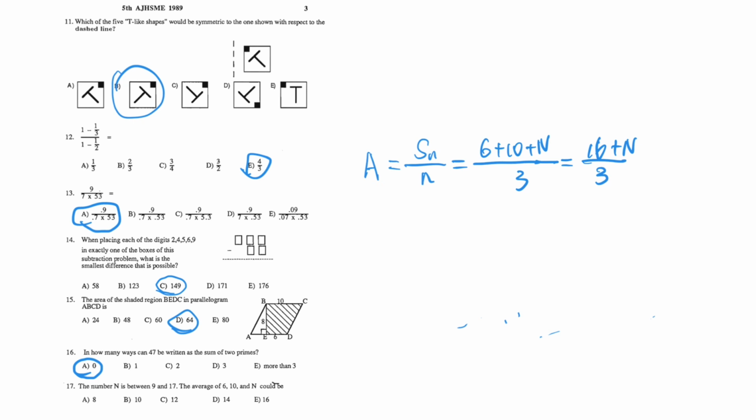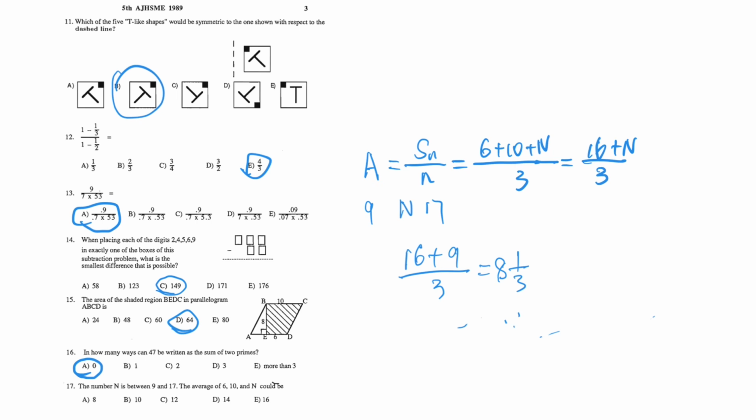N is between 9 and 17. So smallest average is the 16 plus 9 divided by 3. That's the 25 over 3, 8 and 1/3. The largest is the 16 plus 17 over 3. That's the 33 over 3 equal to 11.